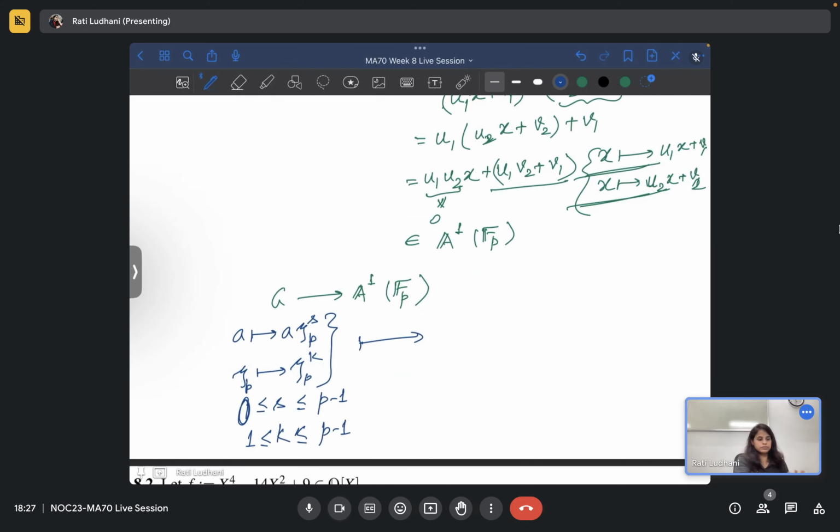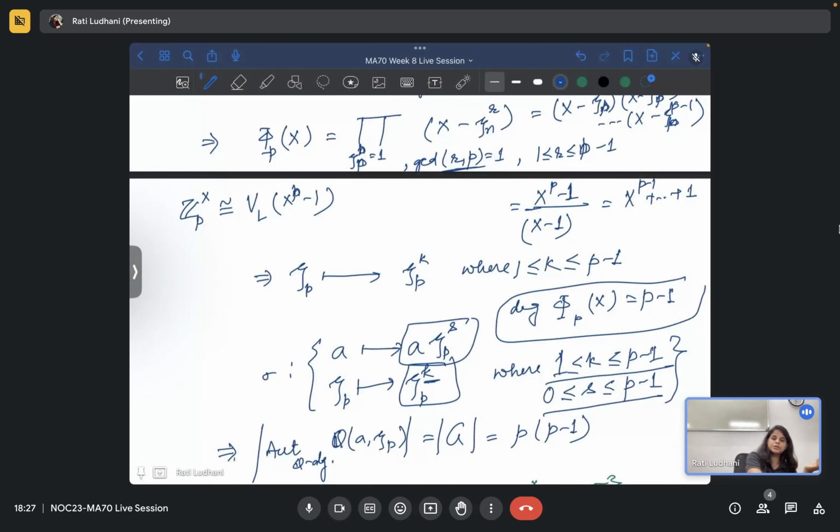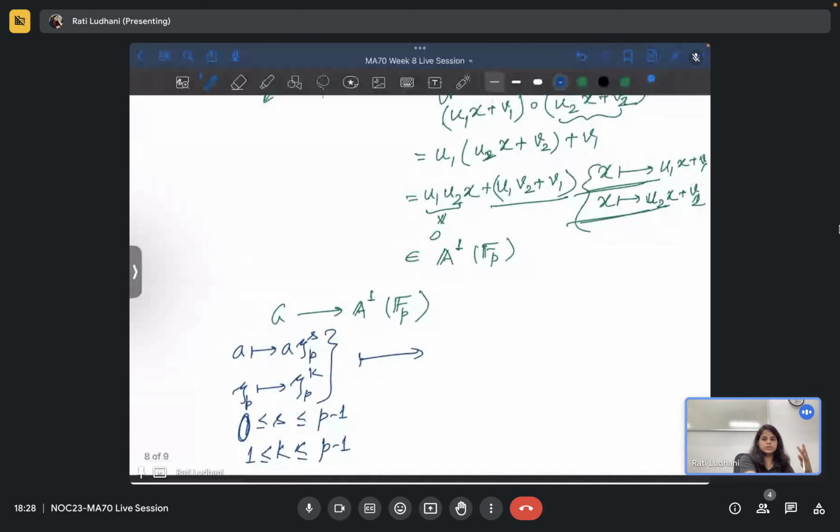We have seen that k cannot be 0, because it should be a root of the minimal polynomial of zeta p, which is without the x minus 1 factor. If k is 0, that would give 1, so that factor we don't have in the minimal polynomial.